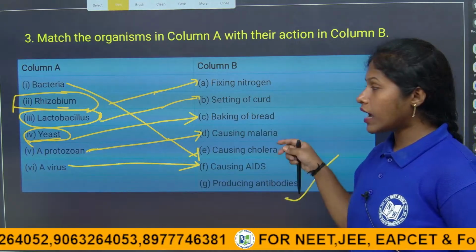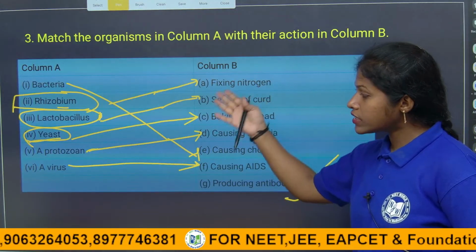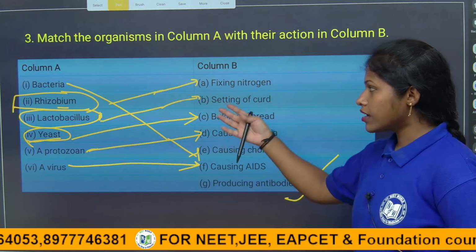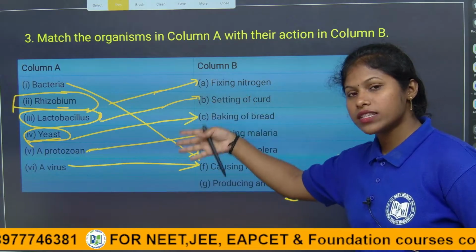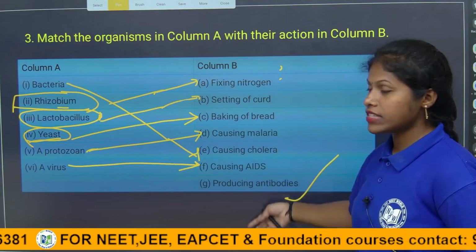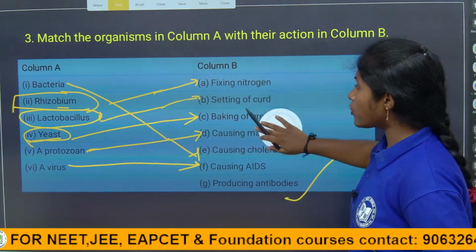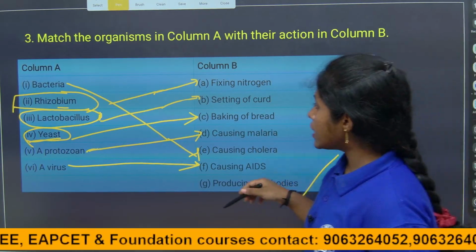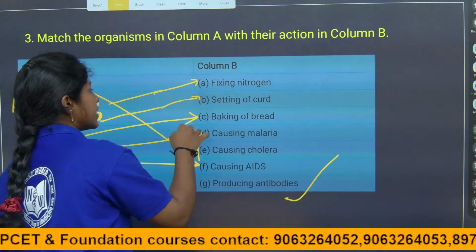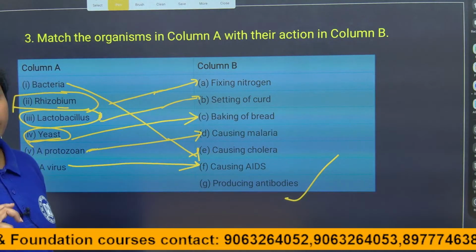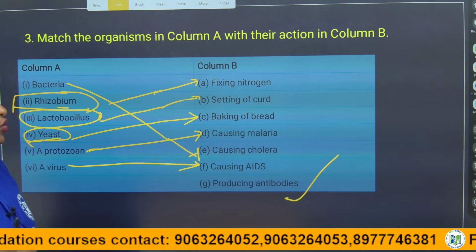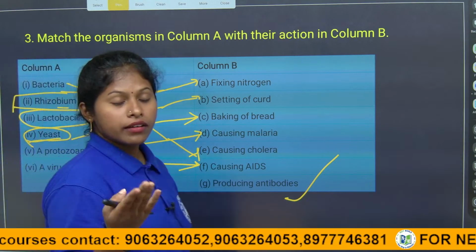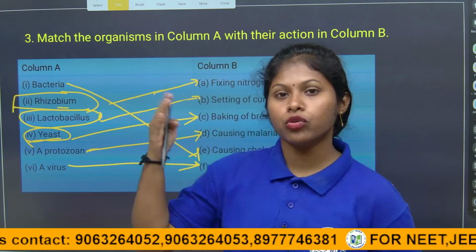So when they are asking this type of questions, they give only 6 in column A and in column B they give 7. So we have to analyze very properly according to the question. We have to see that rhizobium, the bacteria, included the 3 set of questions. We have to keep the correct answer for it. When we are confused, we have to move to the next question.